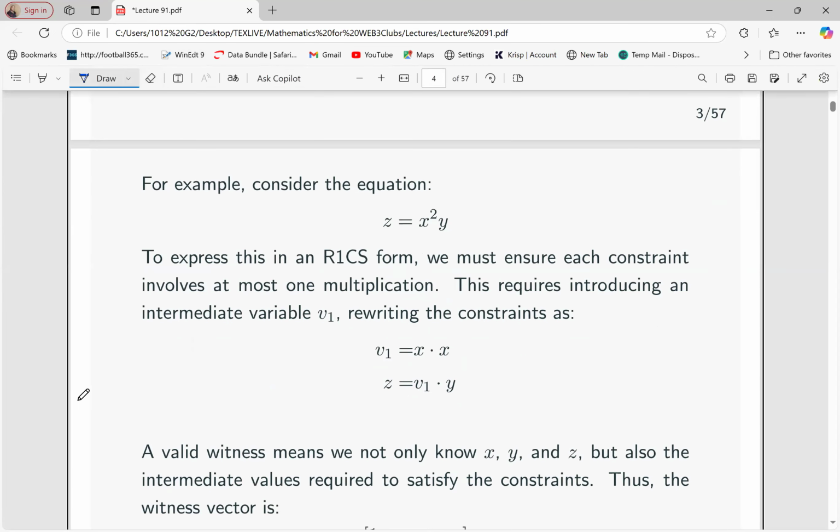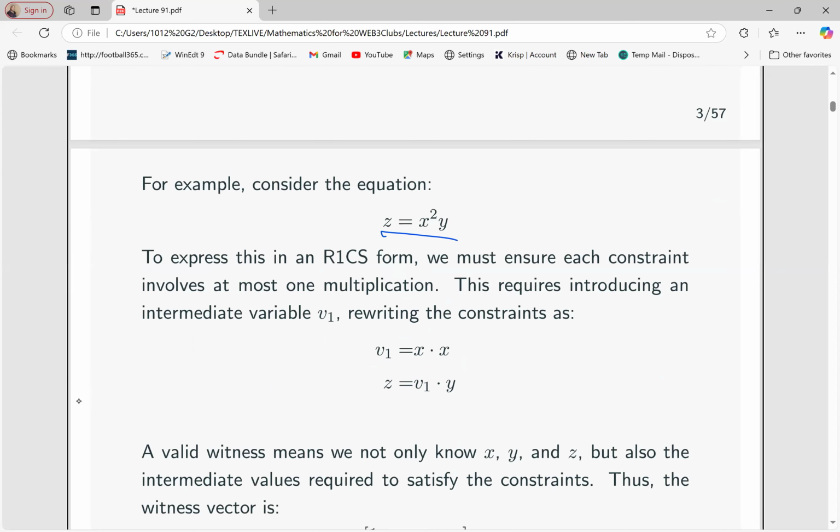Now, this was our Z. And it was x squared times x times x times y, x squared times that. Those are several multiplications. So I just decided to take this. It must not be that way. You can even come up with another way.